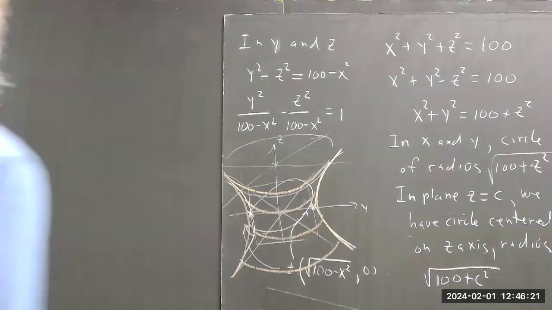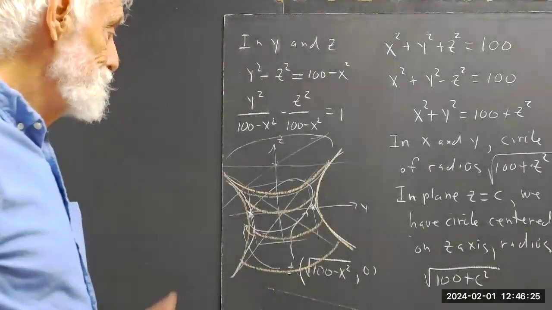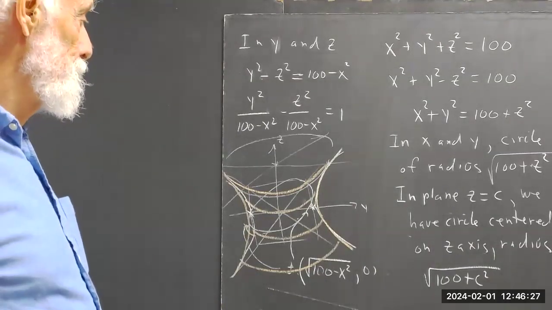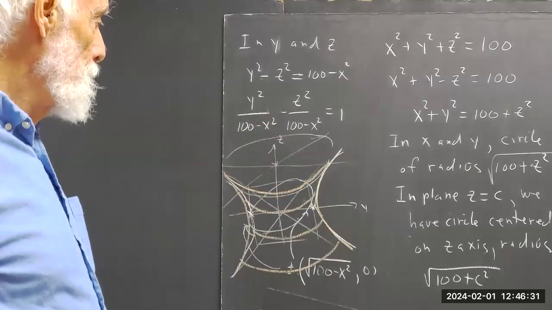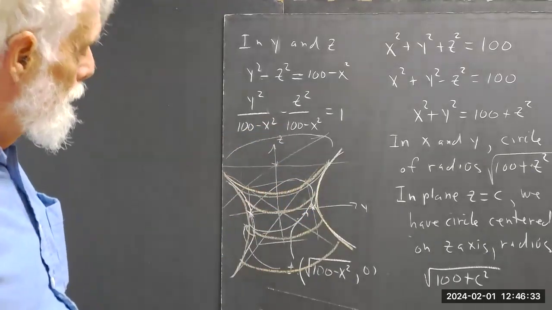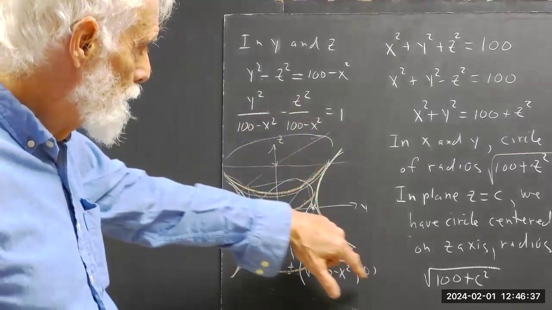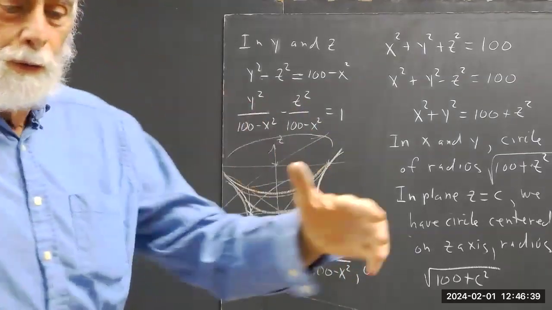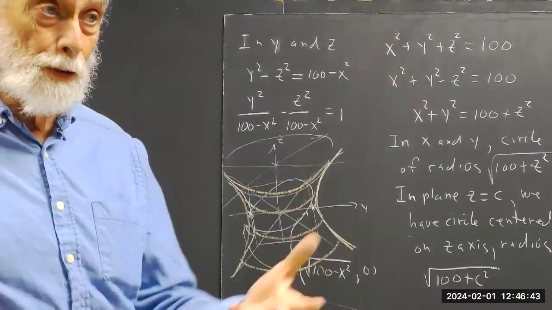Okay. Then you ask questions, like, if you had one of these turned upside down, and you just take this section of it, it gives you a function above the XY plane.